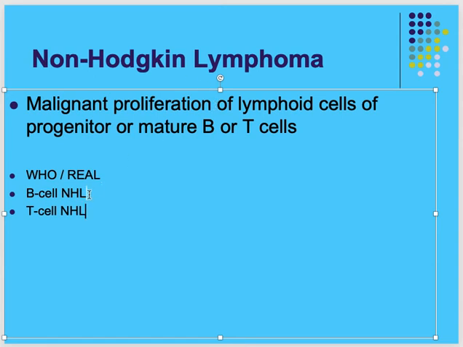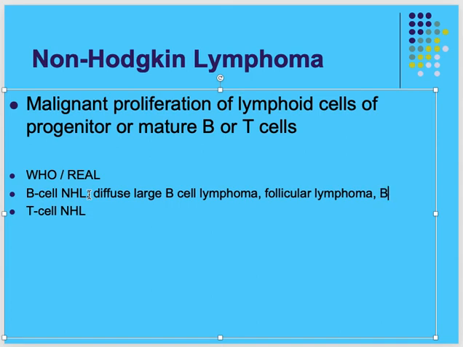B cell non-Hodgkin lymphoma, for example, is the most common type, and there are certain examples for this. I will give you diffuse large B cell lymphoma as one of the types. I have seen one patient of this. Then follicular lymphoma is also an example. Follicular lymphoma occurs due to translocation of two chromosomes, and there is activation of some abnormal gene.